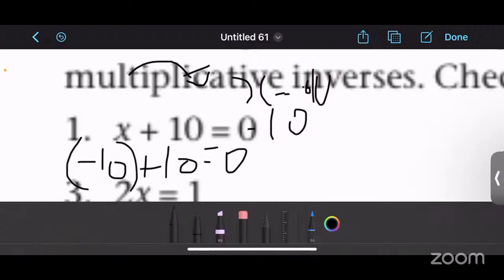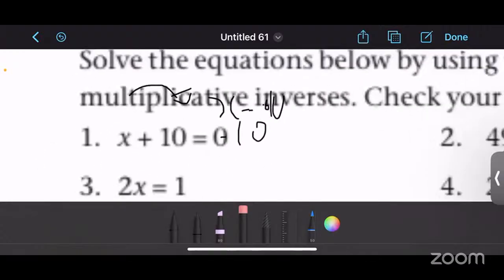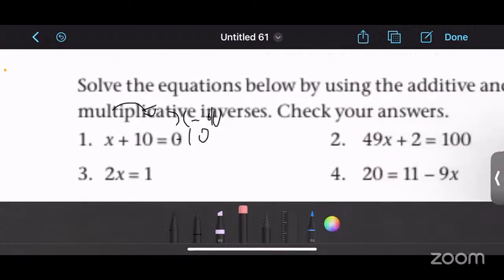So negative 10 plus 10 is equal to 0. Indeed, 10 minus 10 is 0, right? So that means our answer is correct. Definitely correct. Happy? Yes, ma'am.